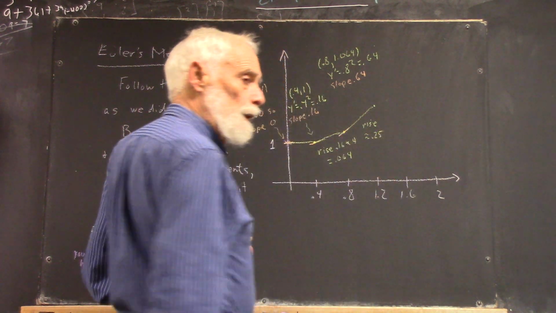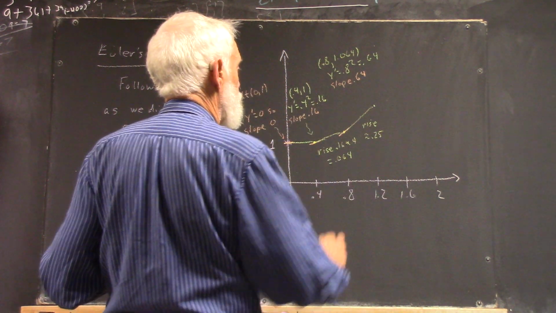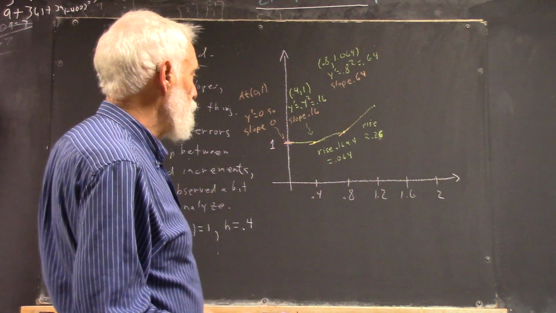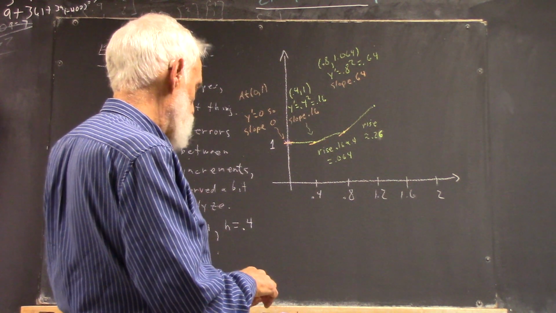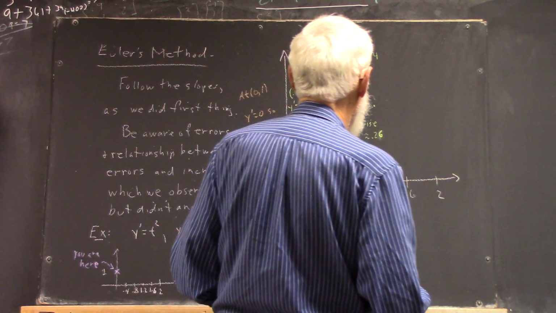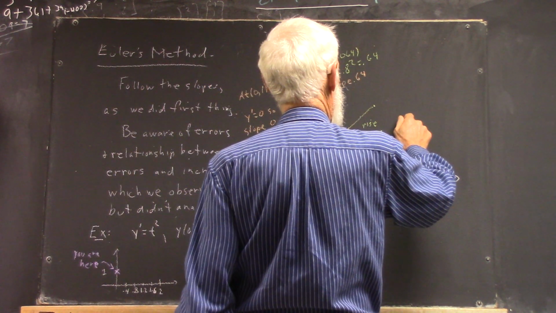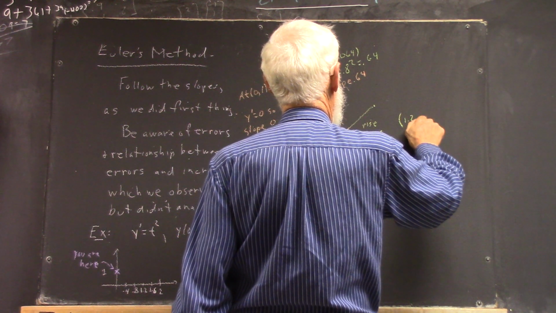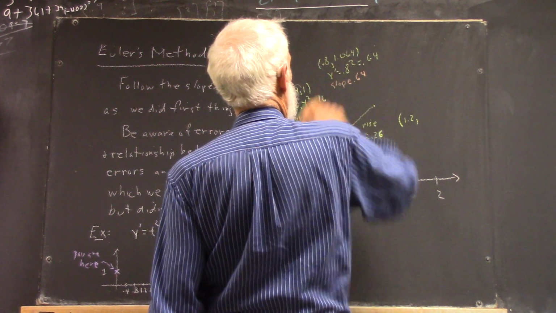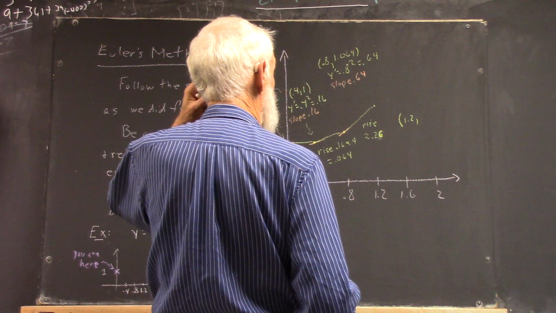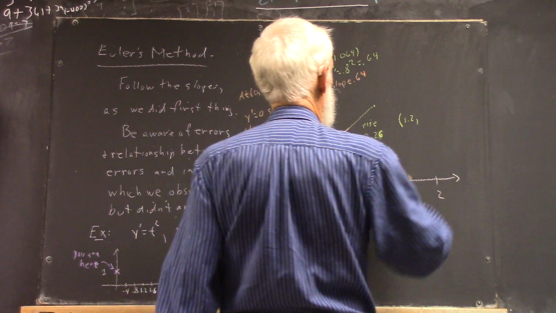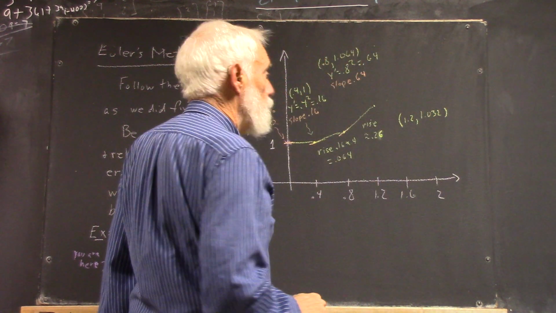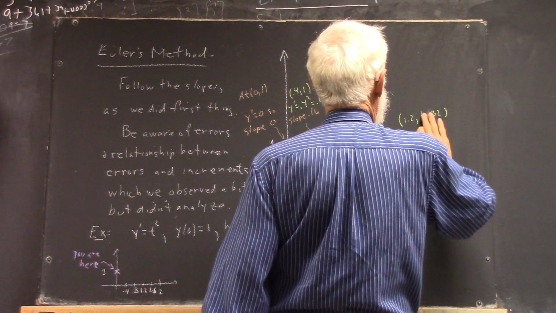Now I'm just going to say approximately 0.26. Okay? So now the point is (1.2, 1.32). 0.064 plus 0.256 gives me 1.32, not 1.032, 1.32.